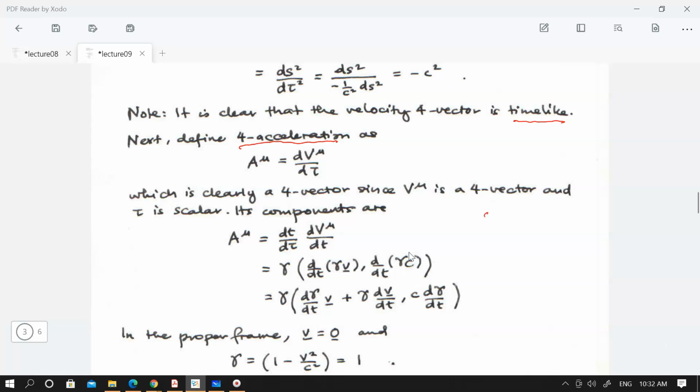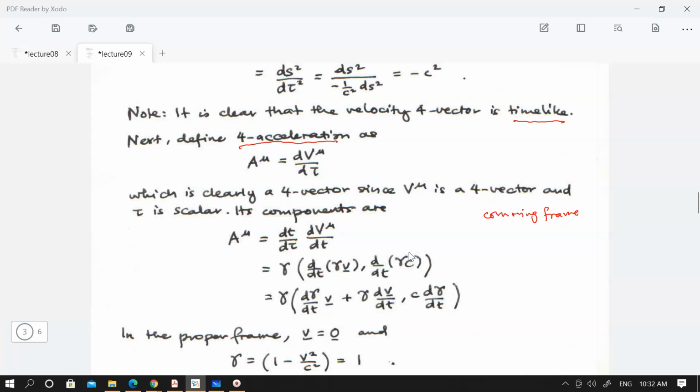One has to remember your co-moving frame might be a frame which is accelerating. So one has to be careful about that. Over here we will take that for a moment. That means we have to take the derivative of gamma as well.